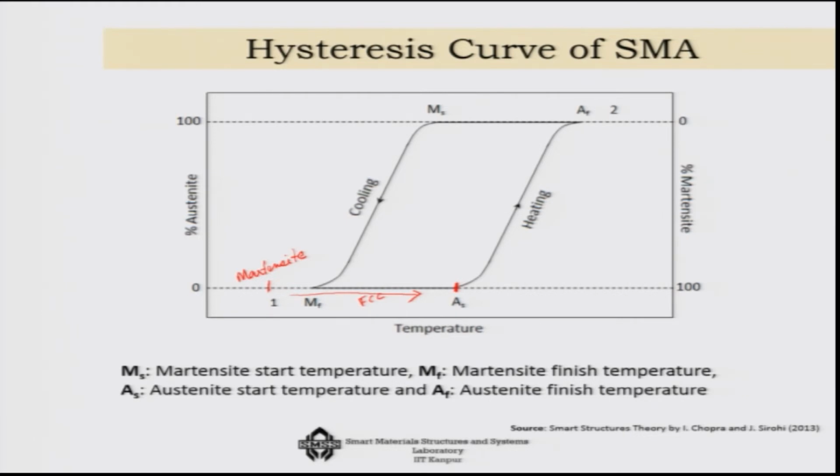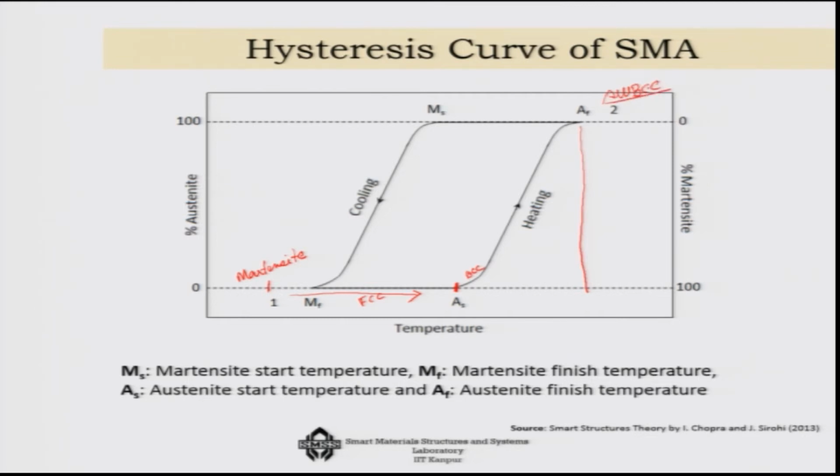At AS, some of these crystals will start to transform to BCC structure. So, this FCC to BCC transformation is happening, but not fully, only some crystals. As I increase the heat further, at AF I get full transformation to austenite, all BCC.